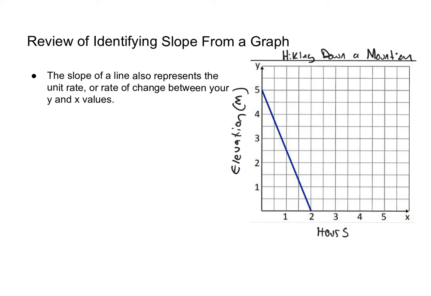So I'm saying that the slope of a line also represents the unit rate. Let's again just imagine, now that we have this new situation, here is my y-intercept. So my y-intercept is where x is 0 and y is 5. So at the point (0, 5), at my y-intercept, I've hiked 0 hours.